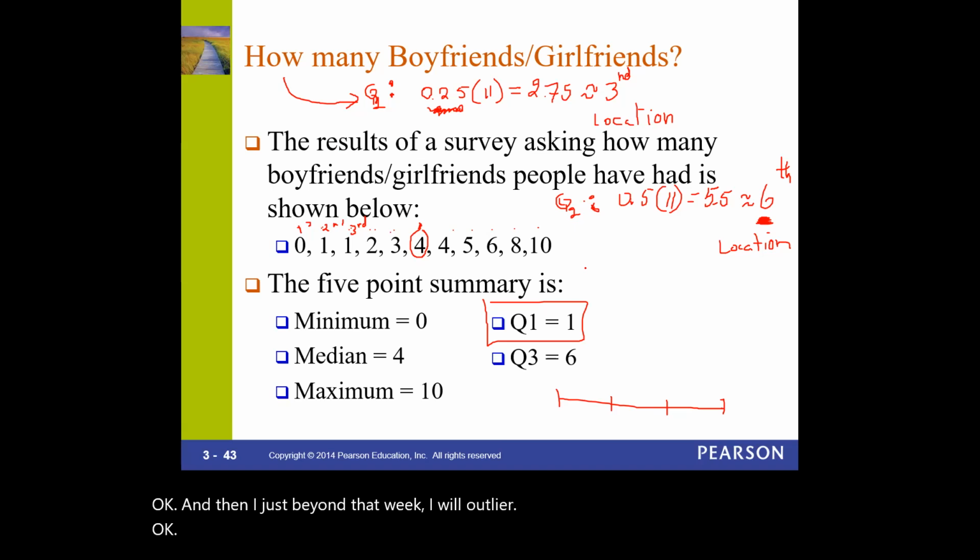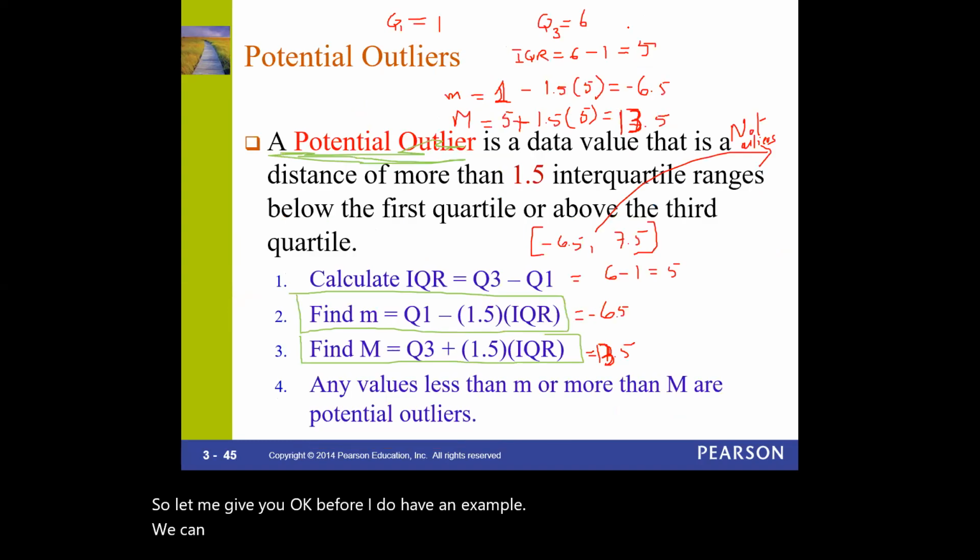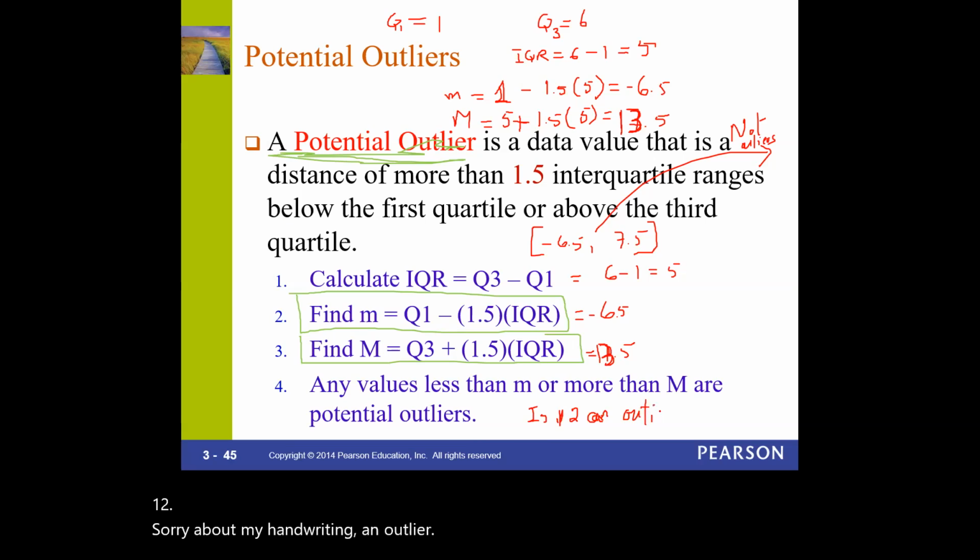Before I do an example, let me ask you this specific question. Based on this thinking, can I say 12, sorry about my handwriting, is an outlier?